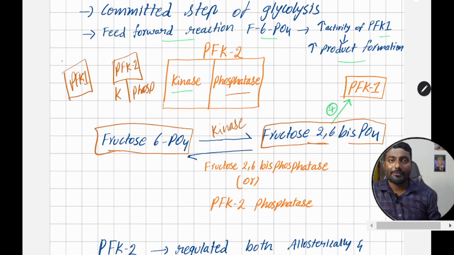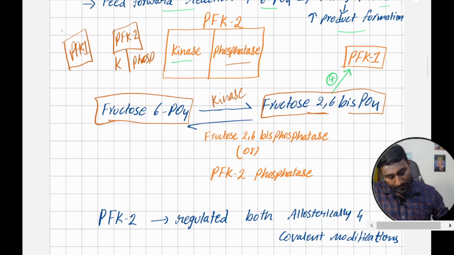The kinase activity is going to convert fructose 6 phosphate into fructose 2,6 bisphosphate, which is allosterically activating phosphofructokinase 1. And you will see the reverse thing in gluconeogenesis, where fructose 2,6 bisphosphatase, or PFK2 phosphatase, is acting. Okay.